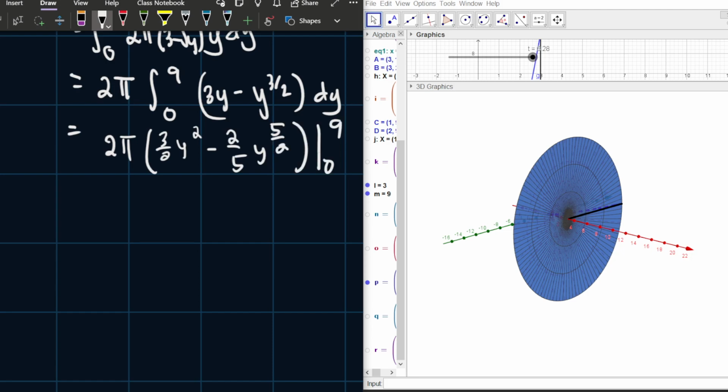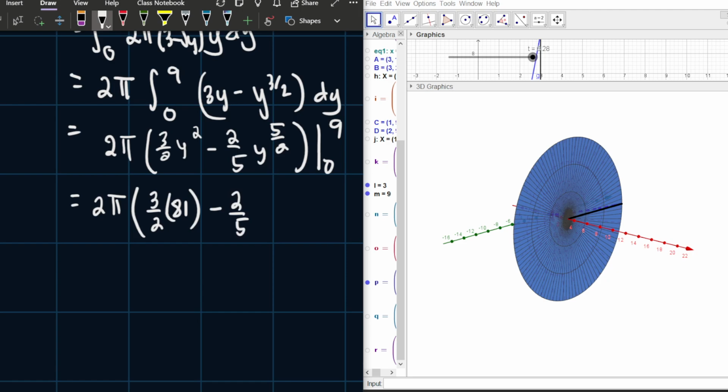Now again, all we have to do is evaluate at y equals 9 kasi at y equals 0, that would just be equal to 0. So at y equals 9, this is equal to 2 pi times 3 halves times 81, which is 9 squared, minus 2 fifths.